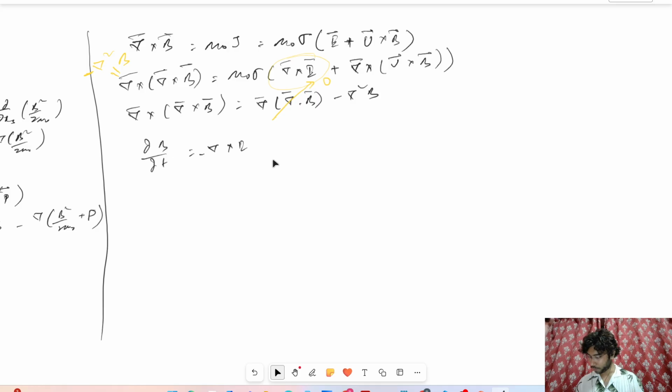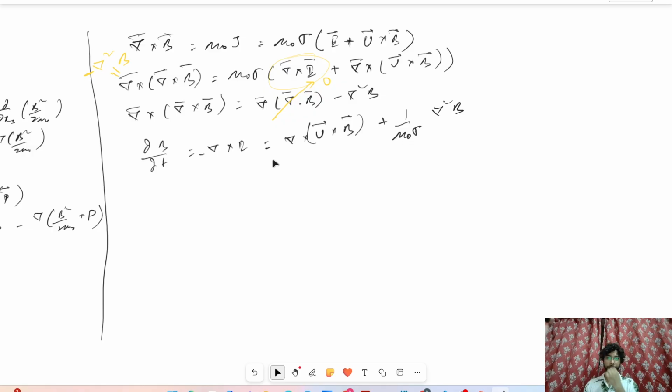So this will turn out to be del cross U cross B plus 1 by mu naught sigma del square B.